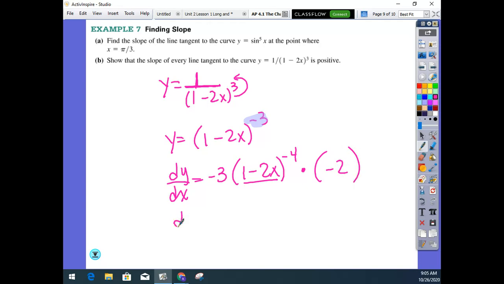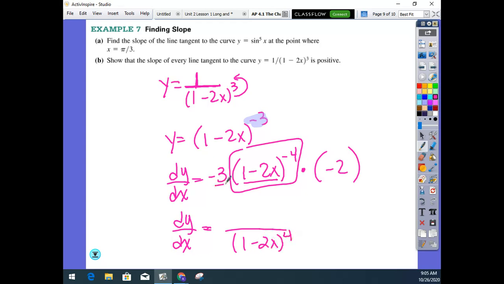Now, I'm going to put my negative exponent portion back into the denominator. Once I move it back down, it becomes positive. Then negative 3 times negative 2 is 6. Show that it's always positive. My numerator is always positive. I have an even power in the denominator. Therefore, m is always positive.